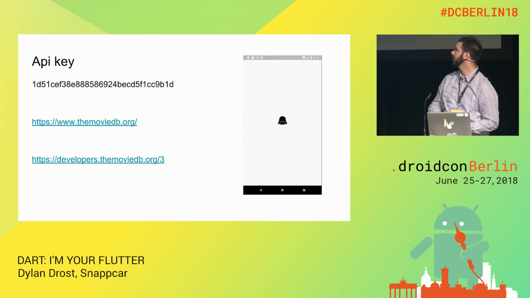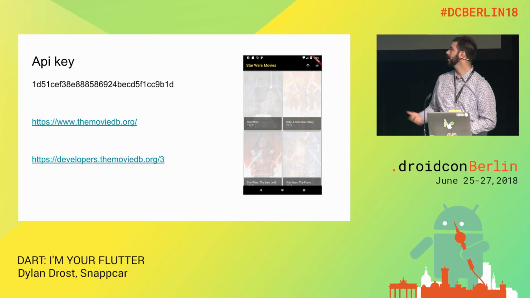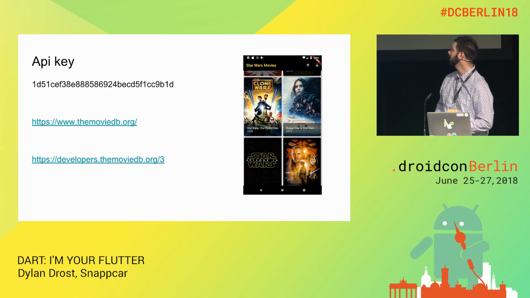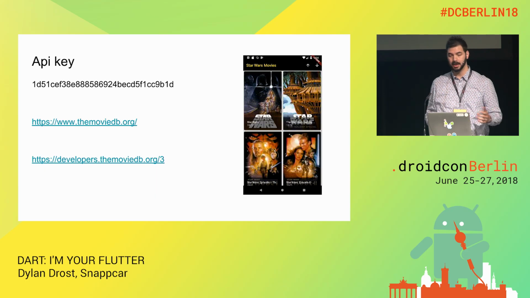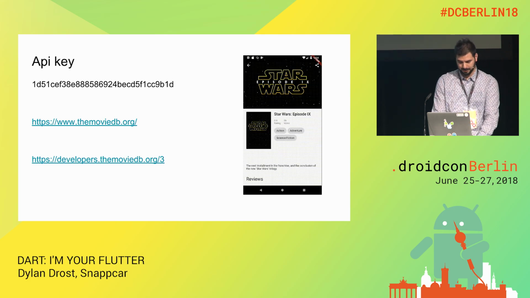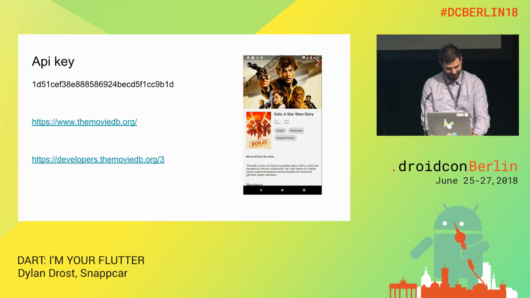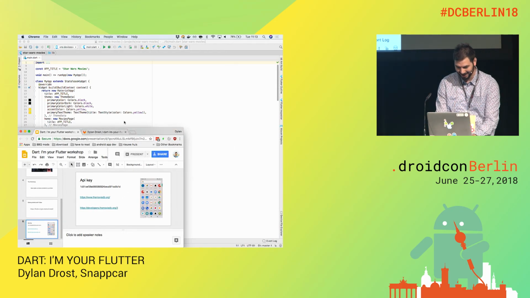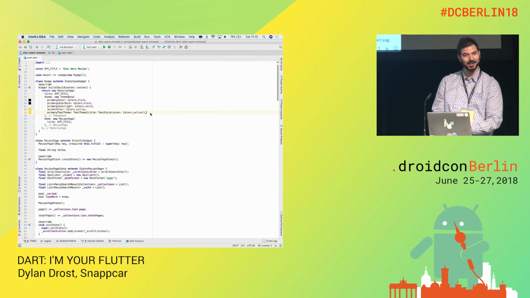And yeah, we're using The Movie DB and the developer documentation for the API you can also find over there. It's also linked in the steps and in the README. And that's it for the slides. This isn't really a presentation talk anyway, so we're going to do code.